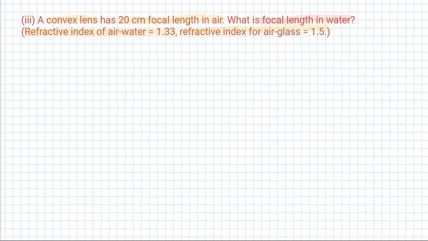So let me write down the solution. Here, what is the focal length of the convex lens in air? I'll denote it with FA. This A denotes your air.